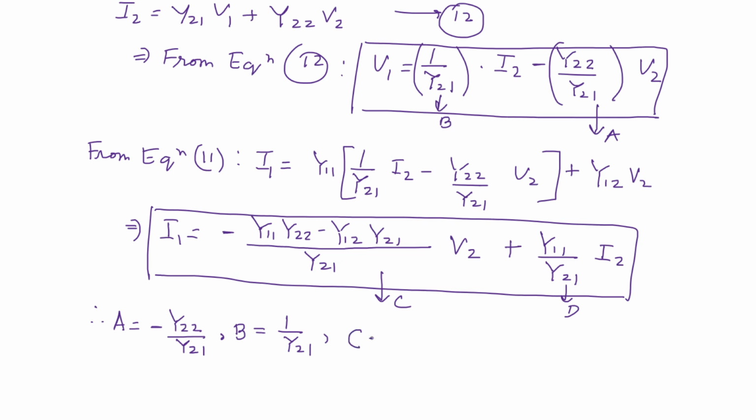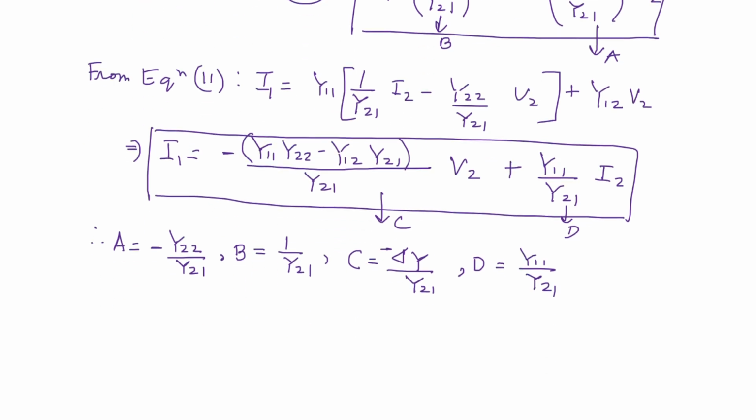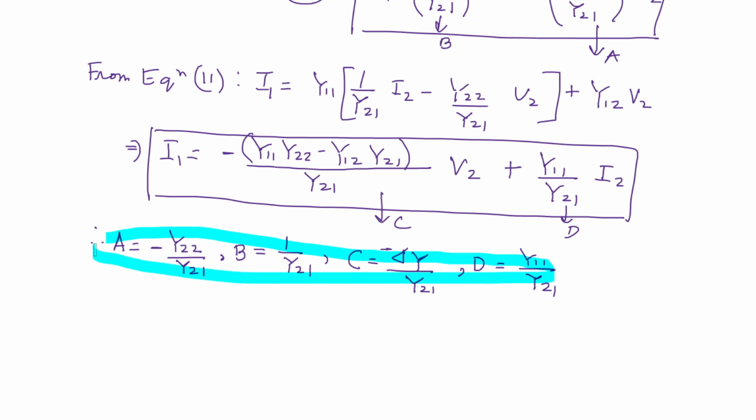So therefore, C is equal to delta y divided by y21 with a negative sign. So delta y is this, y11 y22 minus y12 y21. And finally, D is equal to y11 by y21. So this is the relationship, or rather you can say it is the representation of transmission parameters in terms of y parameters.